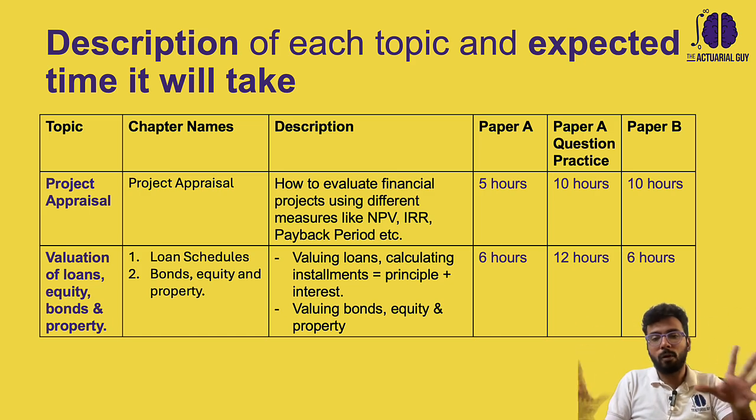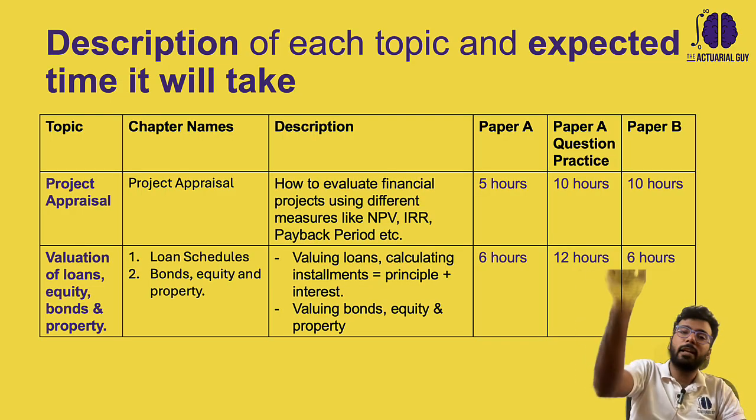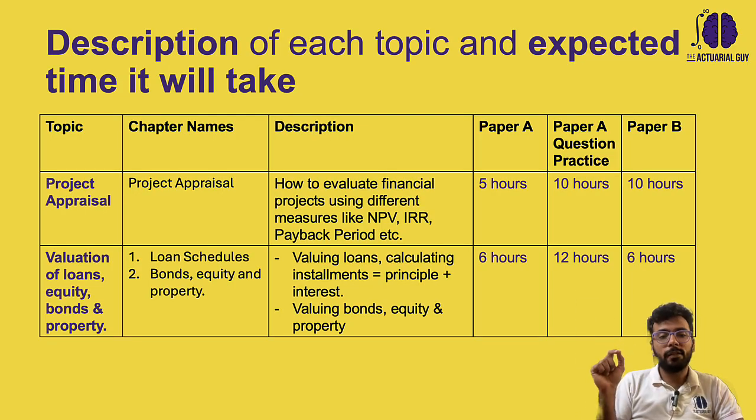So a whole bunch of combinations of principal, interest, and installments we calculate, right? What would be the principal if the installment and interest was this? If this is the installment, what is the interest component? What is the principal component? So on and so forth. All of these things we get into, right?